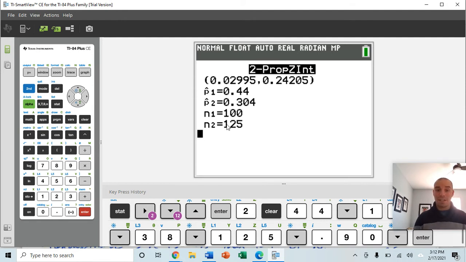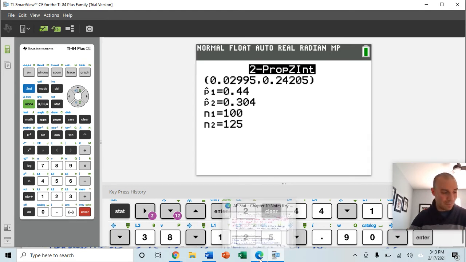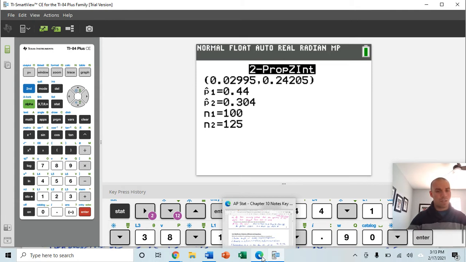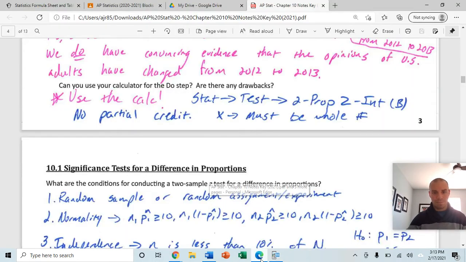We are 90% confident that the interval from 0.02995 to 0.24205 captures the true difference in the proportion of people in New Jersey versus New York who own a dog. Okay, and we'll do plenty of examples in class to work through these types of problems. But use the calculator. Don't do it by hand for these. It's just too much work and too much chance for you to make a mistake.